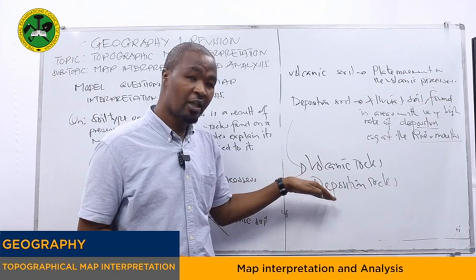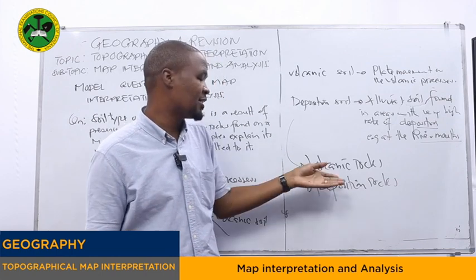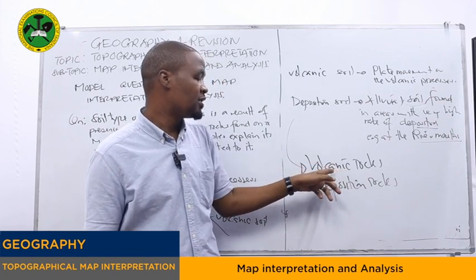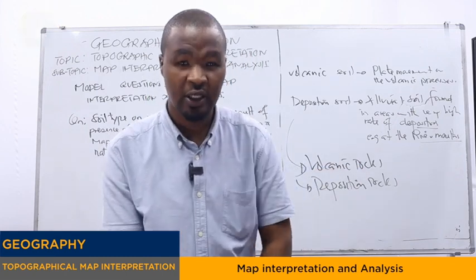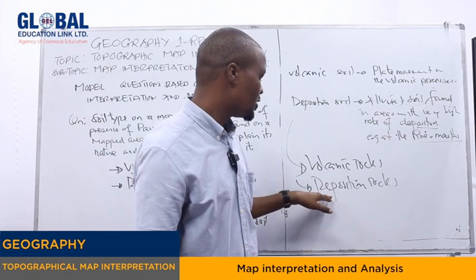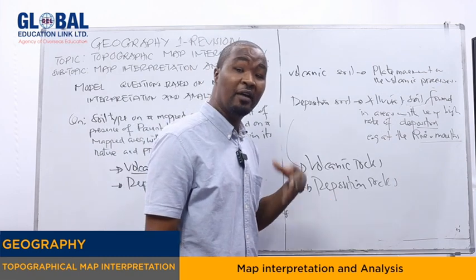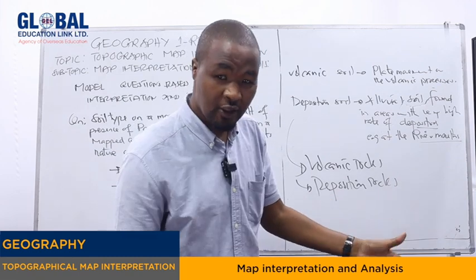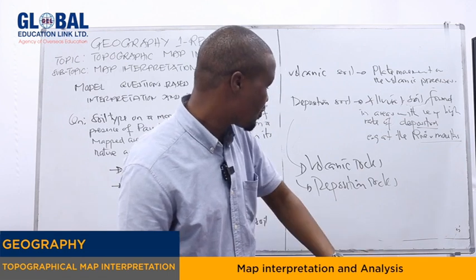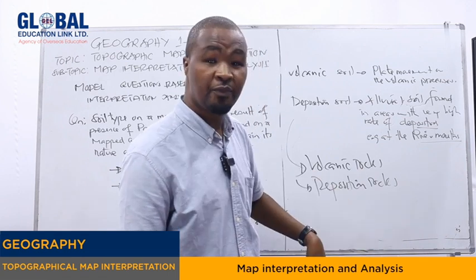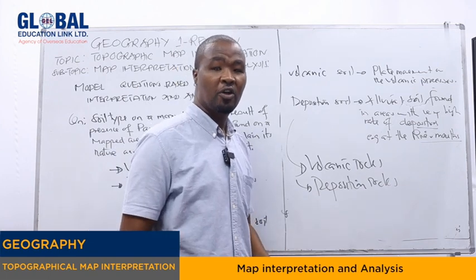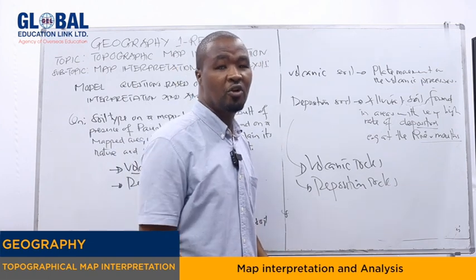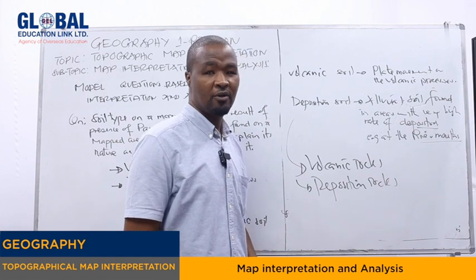What happened to this mother rock? I have explained. The volcanic rock has undergone erosion to form volcanic soil. And the deposition rocks have undergone different processes, including weathering. Later on, the material gets deposited somewhere, forming different types of soil. For example, the alluvial soil found at the river mouth.